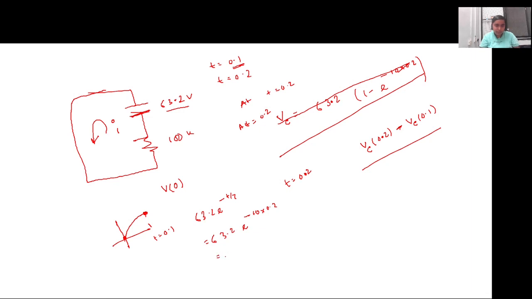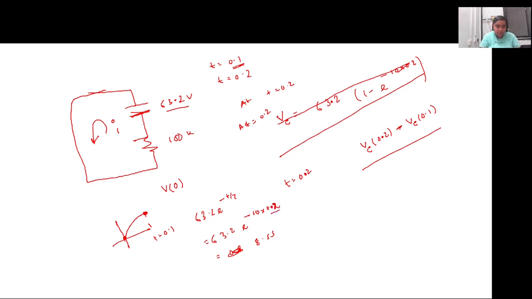So this will be the net total discharge that had occurred.